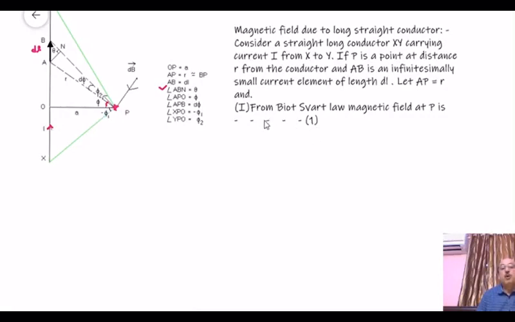Now, from the Biot-Savart law, at point P, we will get dB is equal to mu naught by 4 pi, I dl sine theta upon r square.